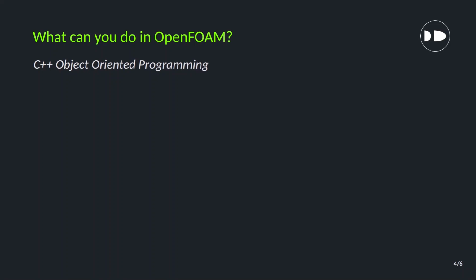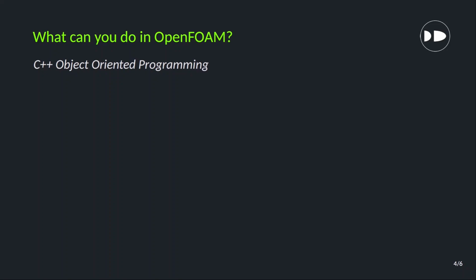Now what can you do in OpenFOAM? If we divide our CFD simulation into stages, we have 4 major stages. First one is discretization. Second one is setting up the test case, setting up a case. Third one is defining the solver parameters, and the fourth and last one is post processing.